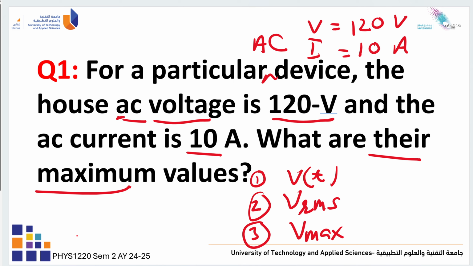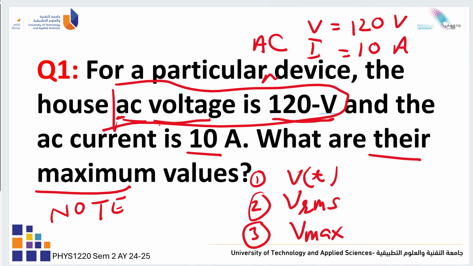Now what you have to note in this question: sometimes the question will not say what kind of voltage it is. For example, here they are saying the AC voltage is 120 volt. Is this 120 volt instantaneous, RMS, or maximum?